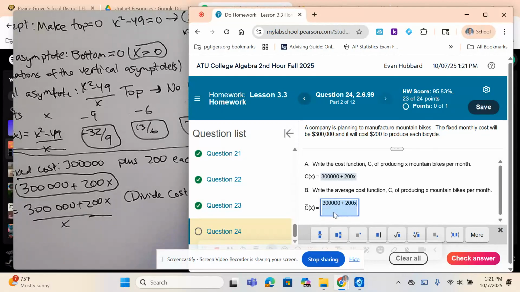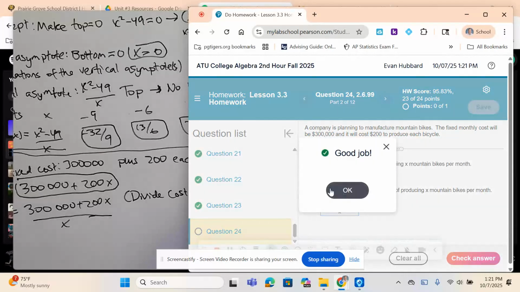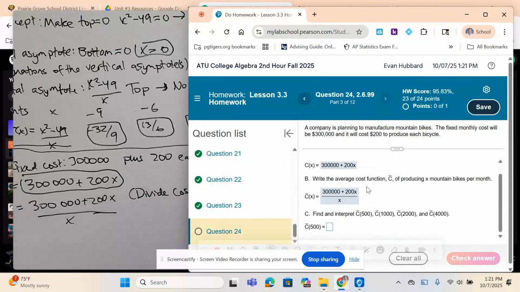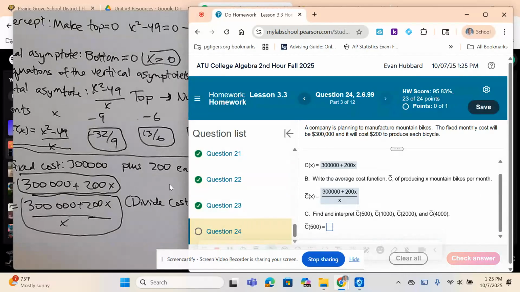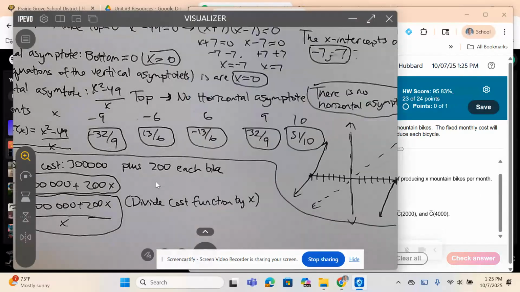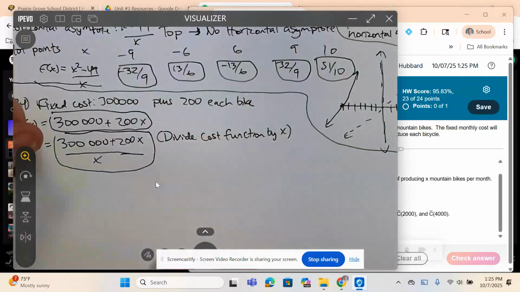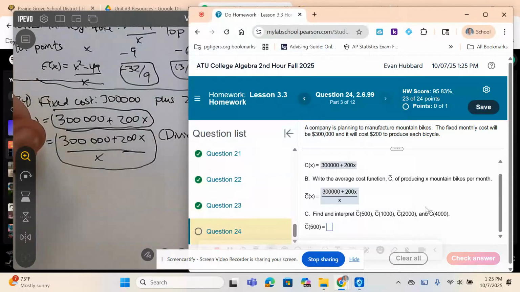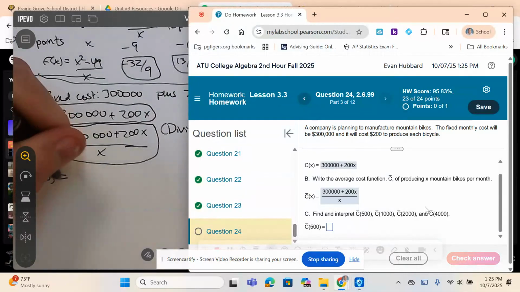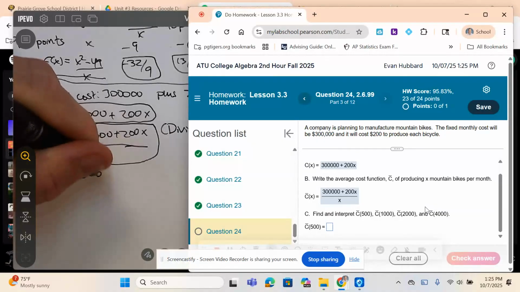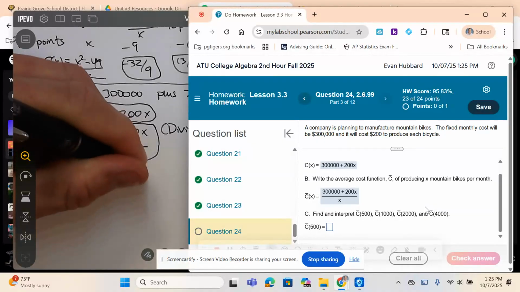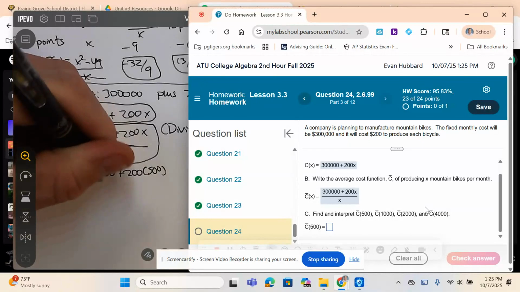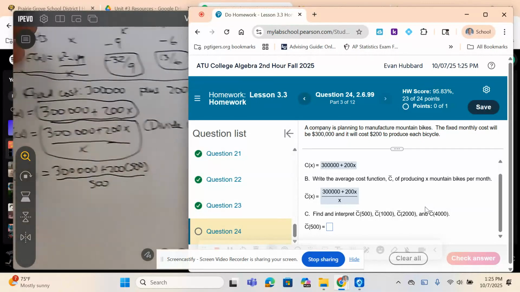200x divided by x. Check answer. All right. Find and interpret. So let's do C bar of 500. So I'm just going to plug 500 into here. That's 300,000 plus 200 times 500, divided by 500.